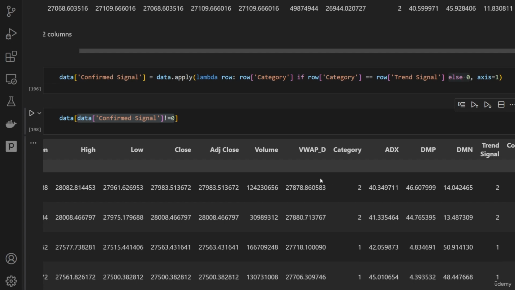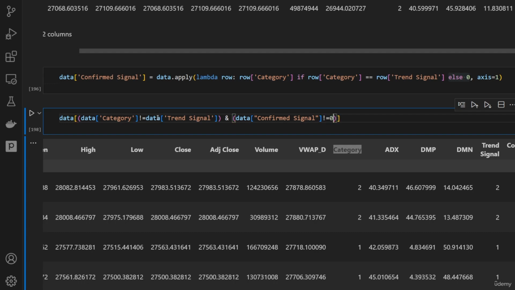Now we could check for errors in our signal if it's happening. So this is where we would look for a category that is different than the trend signal. I'm going to put this, but at the same time, I'm going to use the bitwise operators here. So I need to put this in between parentheses in this case. And at the same time, we do have a confirmed signal that is different than 0.